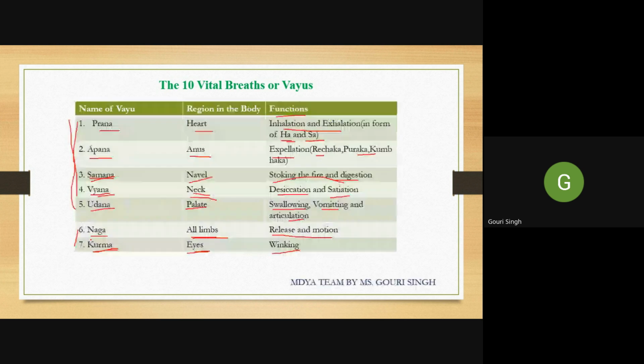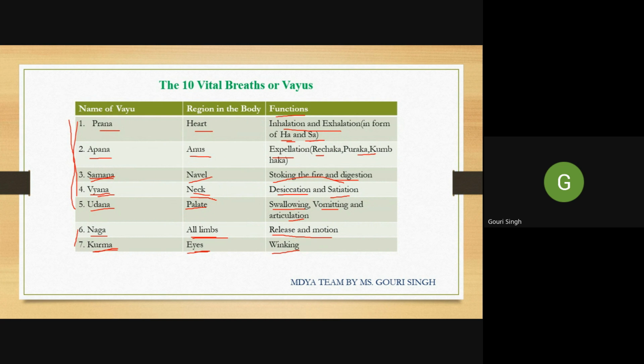We also saw where each is present. Prana is present in the heart area, because of which the heartbeat, inhalation, exhalation, and the Ha and Sa sound are possible. Because of Apana Vayu, excretion is possible, and Samana is related to fire and digestion, so it is present in the navel region.